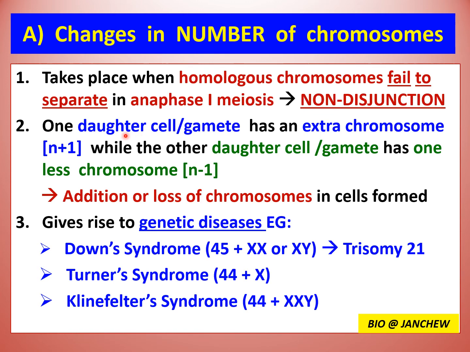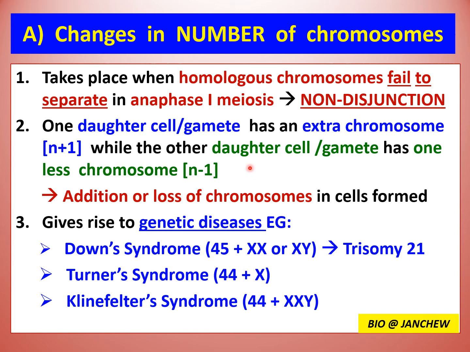Now this will result in, finally when meiosis is over, one daughter cell or gamete having an extra chromosome, the haploid number plus 1. For humans, this is 23 plus 1 equals 24 chromosomes, while the other daughter cell or gamete has one less chromosome, which is 23 minus 1.